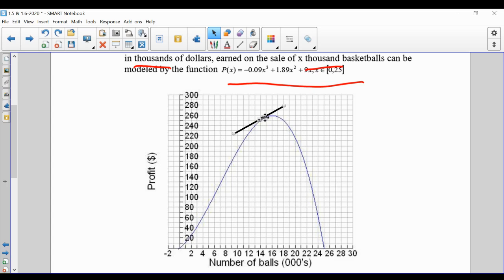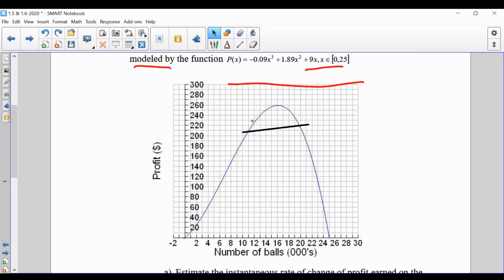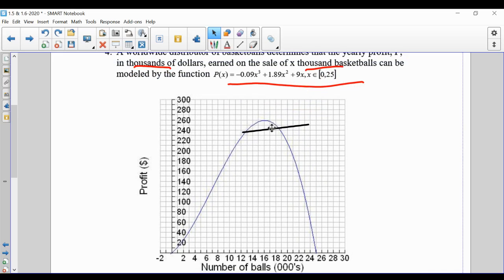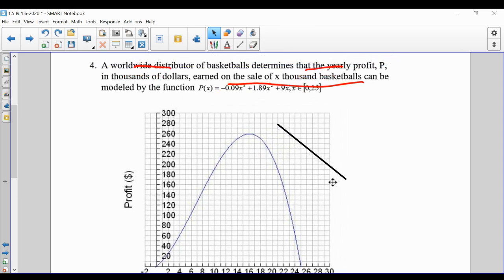Now it's a flatter line, and once I get to the top, it's very flat. On the other side of that, the tangent line starts off being fairly flat, but as you get further and further along, that tangent line now has to become steeper.